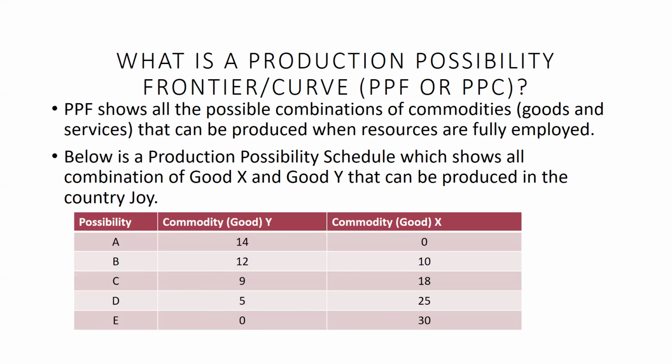Let's say I have $10, right? A bobby is $1 and a snack is $2.